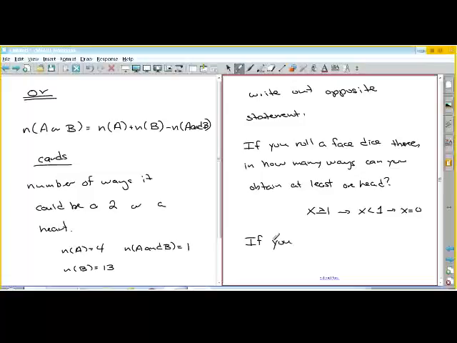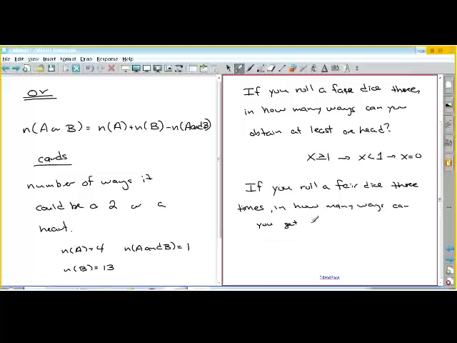So the opposite statement, if you wrote it out: if you roll a fair dice 3 times... I'm getting confused between dice.